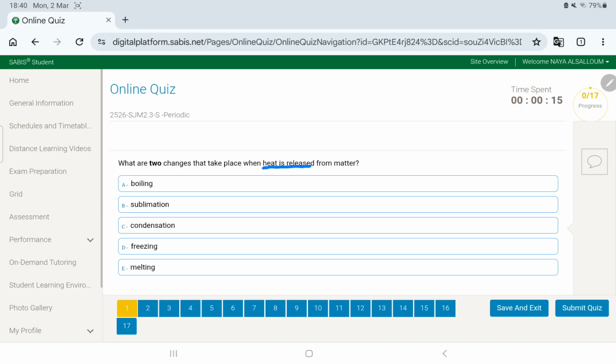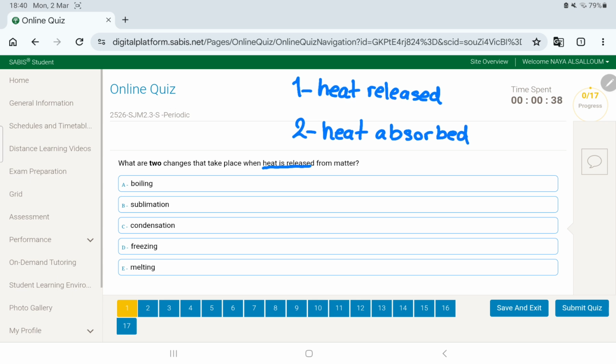Now, guys, we have two scenarios of what happens during heat. One is when heat is released. And two, it's when heat is absorbed. Okay? Let's see what happens in each case. When you're releasing something, you're letting go of it.